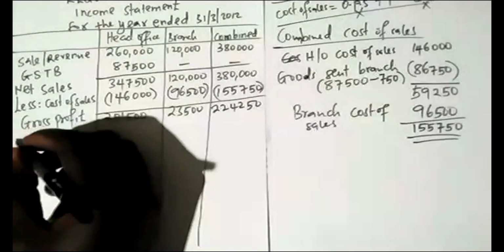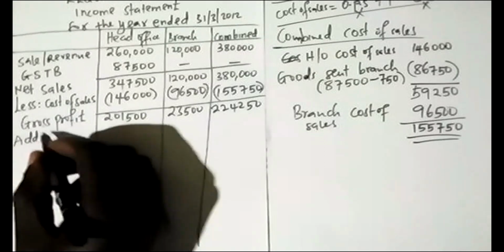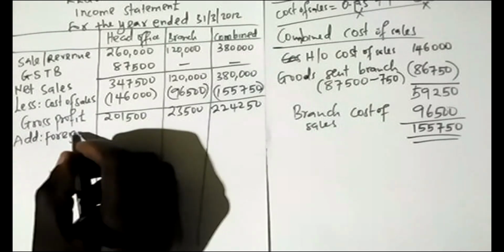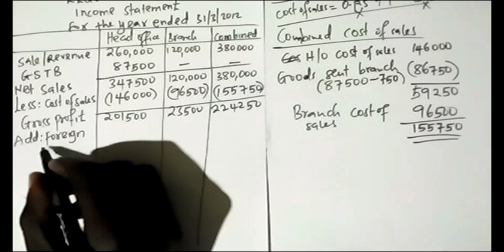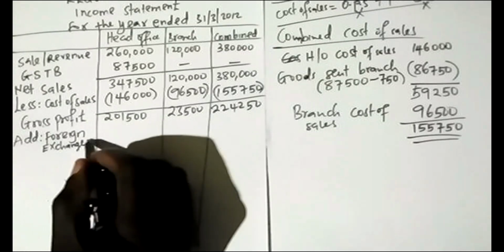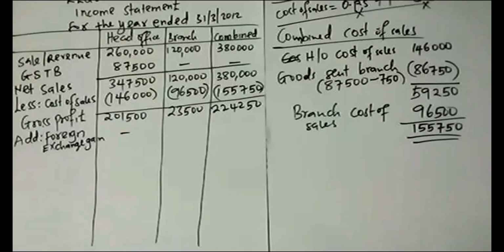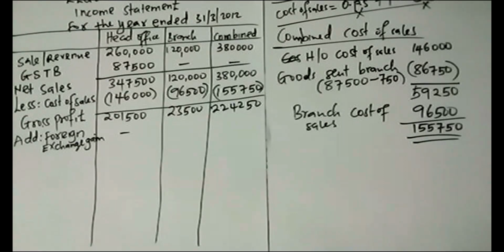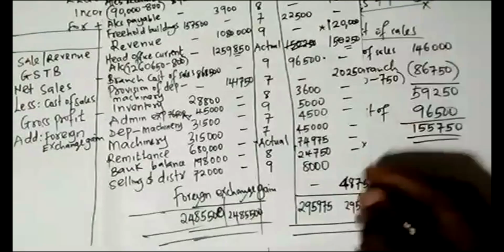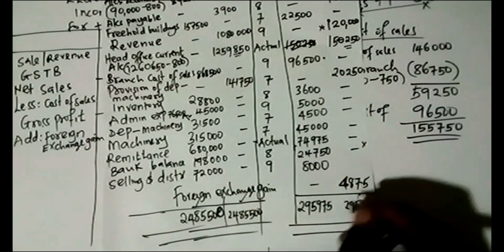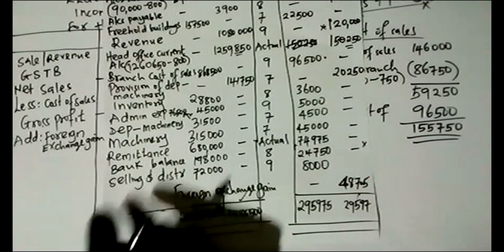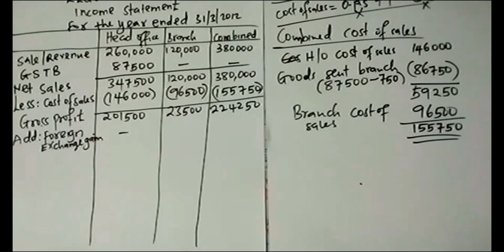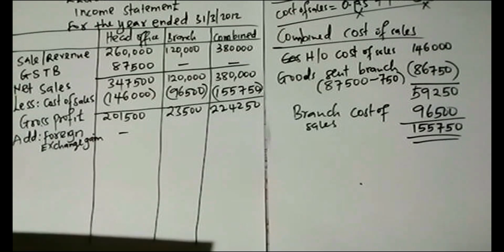Then I will add an income, which is the foreign exchange gain we made when translating the operations of the foreign branch. From our first working, we got a gain of 4987.5. That was a mistake I made earlier.